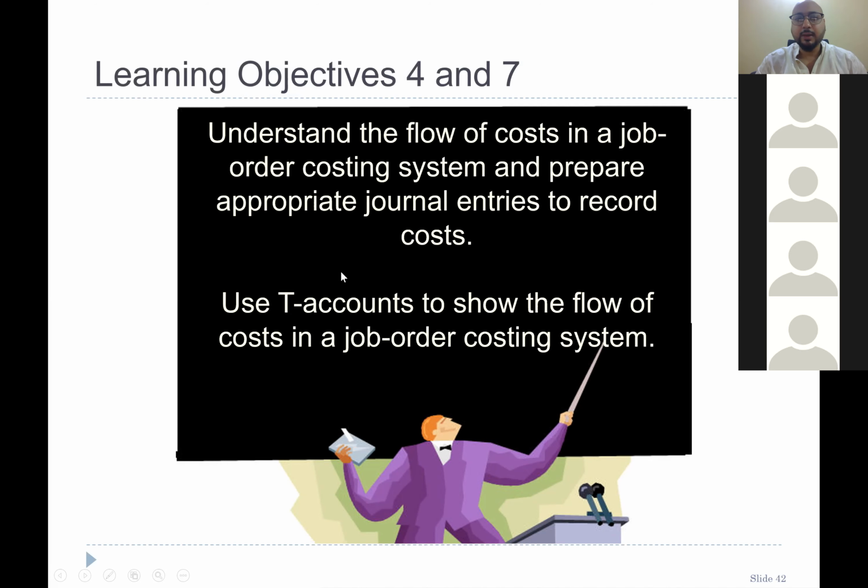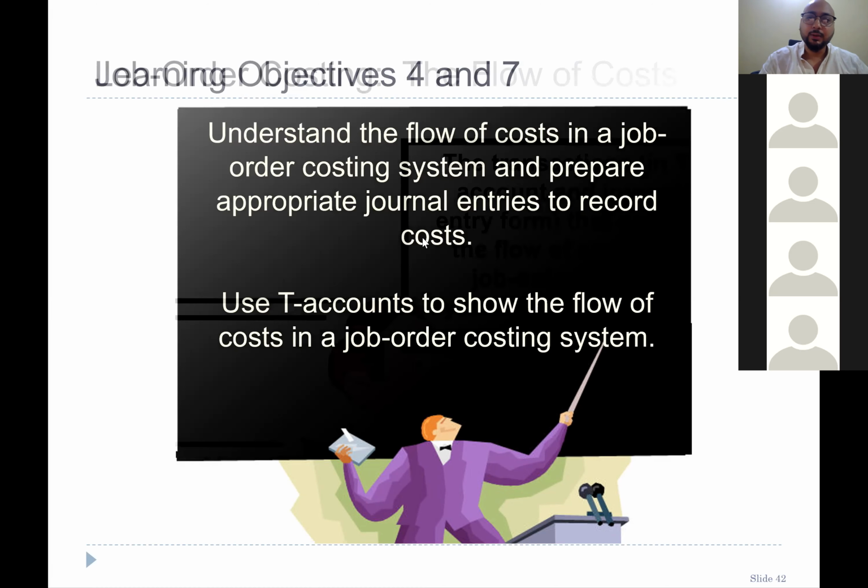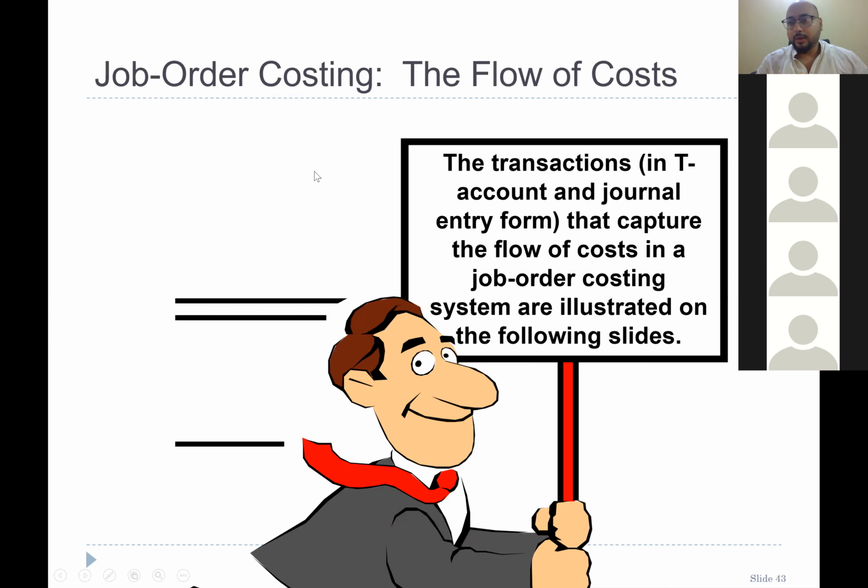Our learning objective is to understand the flow of cost in the job order cost system and prepare appropriate journal entries to record the costs. First we make a journal entry, and then that journal entry goes to the T accounts.